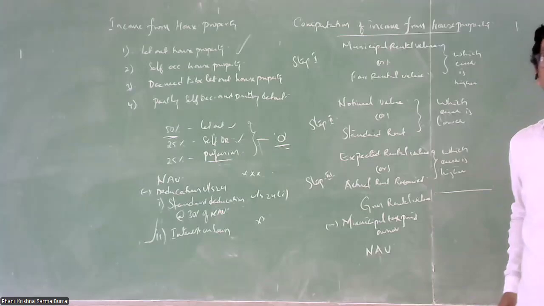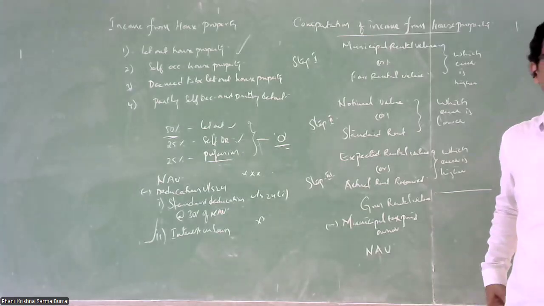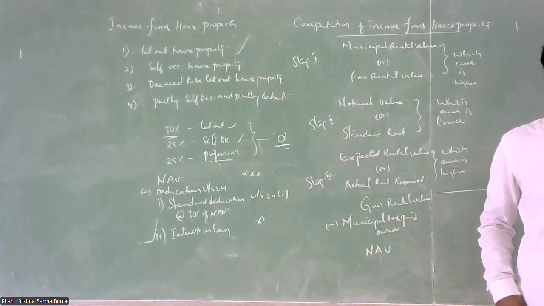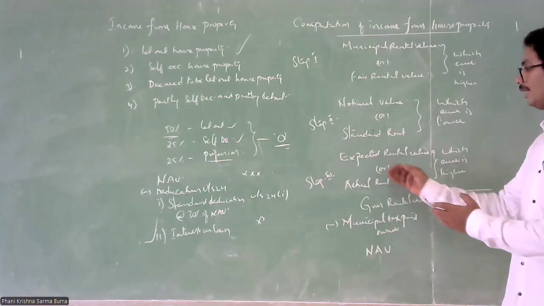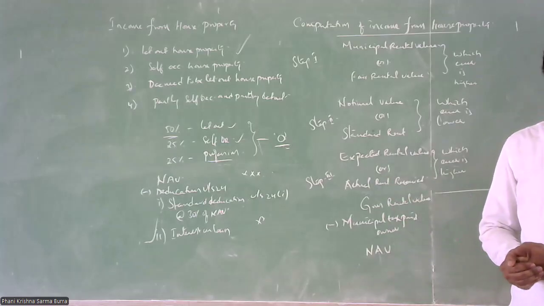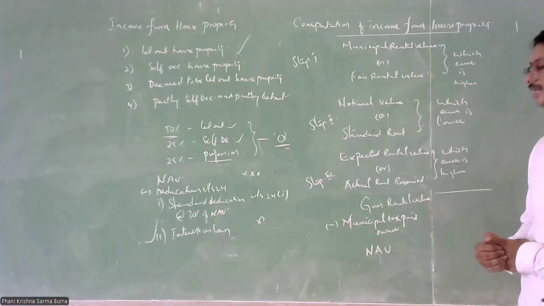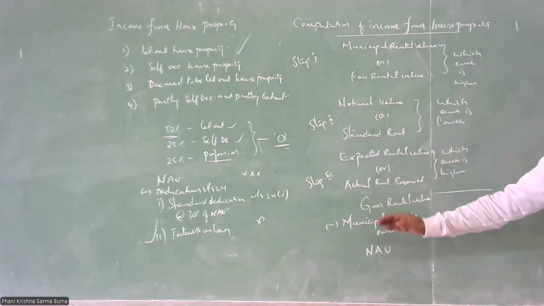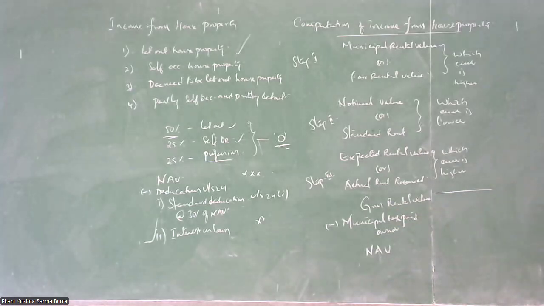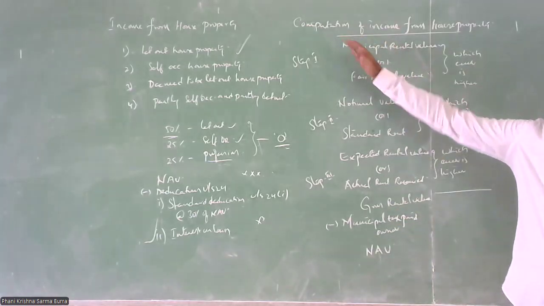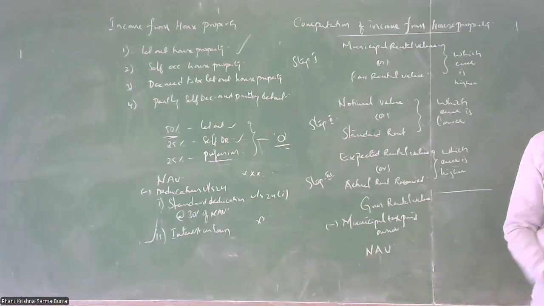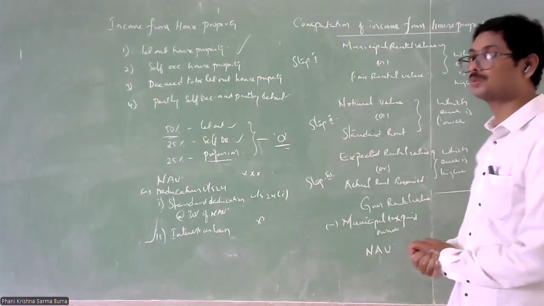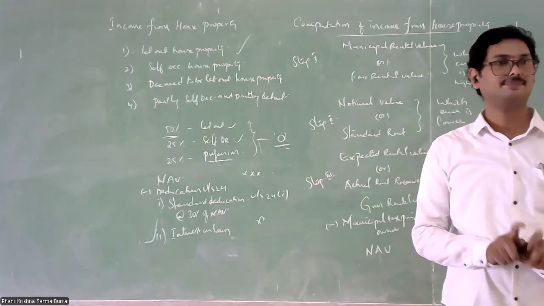The notional value is compared with the standard rent, whichever is lower is the expected rent, and that lower value is compared with the actual rent, whichever is higher becomes the gross rental value. If you follow these three steps, it is very easy to compute the house property.